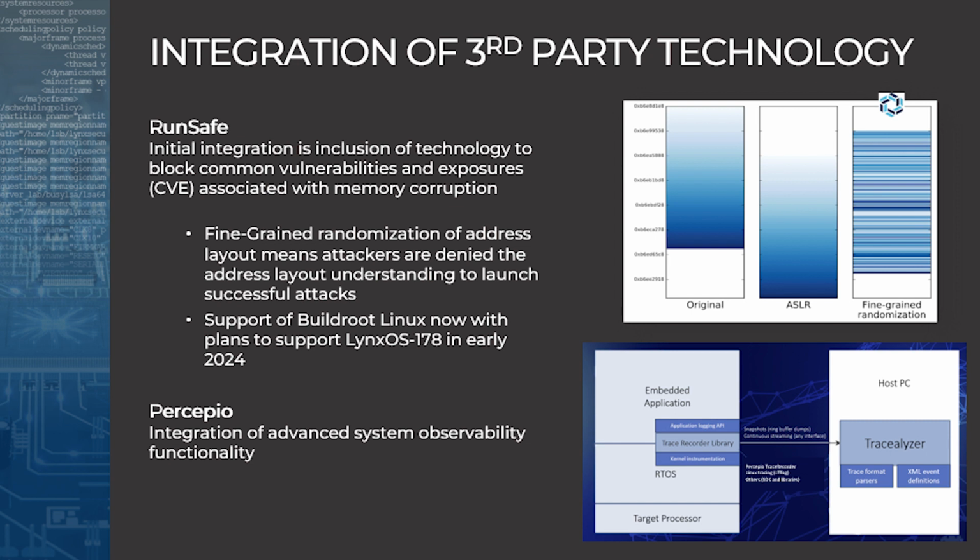So advanced tracing, tracking of a whole series of connected events across multiple cores to help you find the root cause and then do something about it. As I say, those are the two today. We intend to add more third-party technologies in the months, quarters, and years to come.